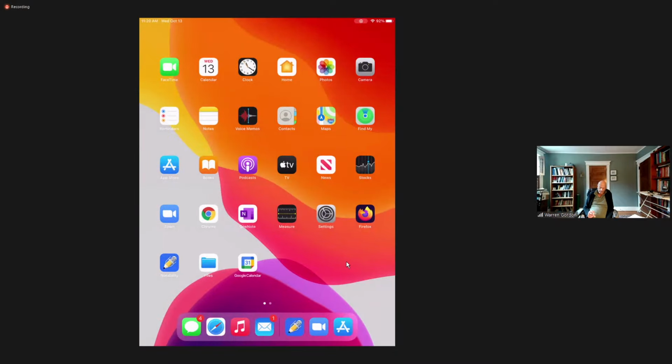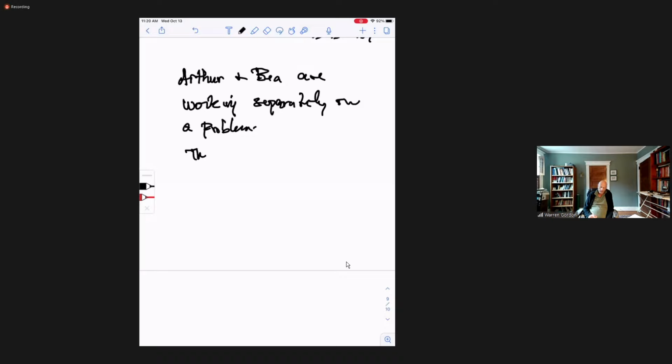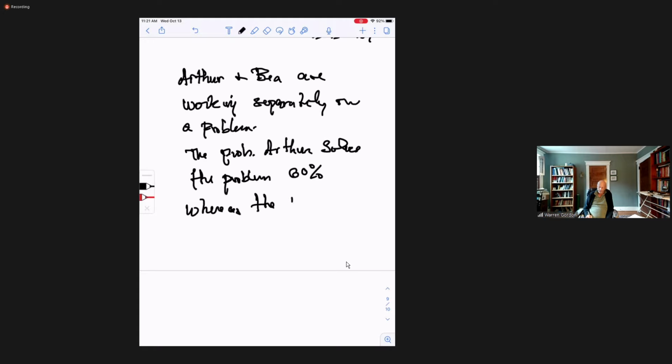The probability Arthur solves the problem, I'm just making up numbers now, not looking at the book, 60%. Whereas the probability B solves the problem, will make B smarter, is 70%.